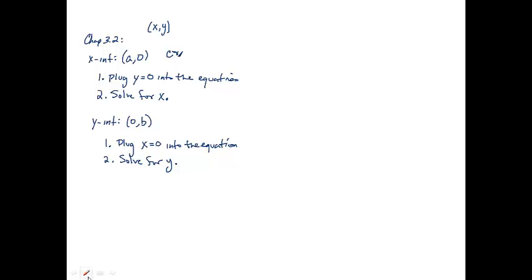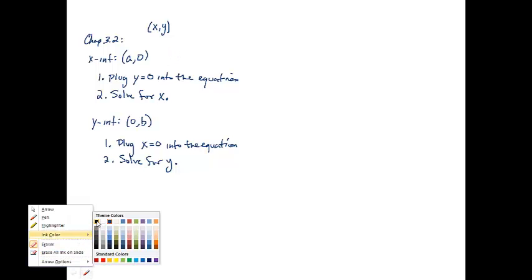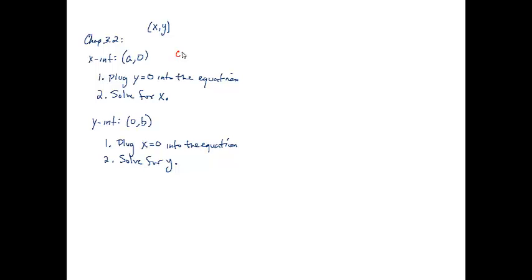Oh gosh. Hold on. Oops. Alright, so the x-intercept is where the graph crosses the x-axis. I don't know what's wrong with my pen.